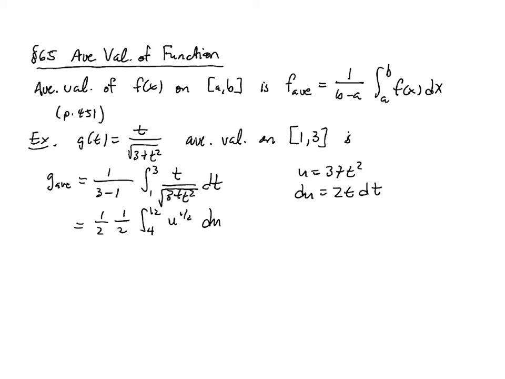And evaluating this integral, we would end up with square root of 3 minus 1. I'll leave it to you to fill in the details for the computation of that integral.